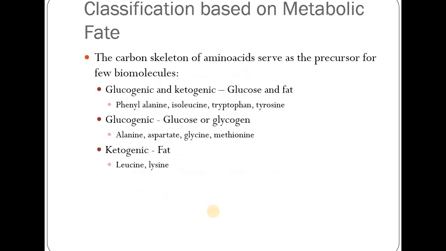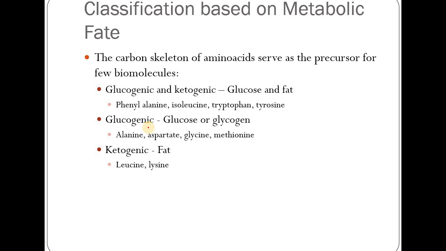And there is one more classification which is based on the metabolic fate, and it is classified as glucogenic, ketogenic, and both glucogenic and ketogenic. Okay, so glucogenic amino acids are the ones which serve as precursors in glucose synthesis or in glycogen synthesis.